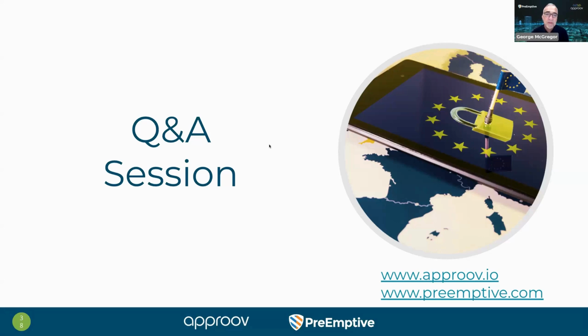Okay, then there's a question for me, I guess, which is, does the Approov app level protection work offline? As I mentioned, there's a 5-minute caching for the tokens, but we also have another solution for exactly that scenario. So the short answer is yes, but you'd have to talk to us about how that works.